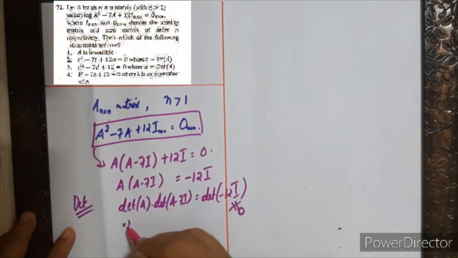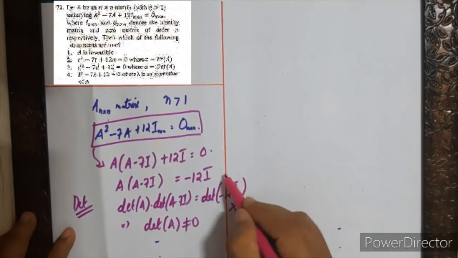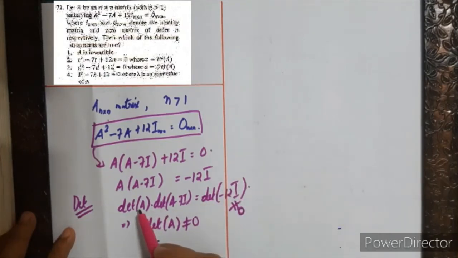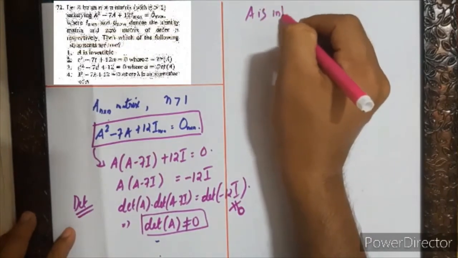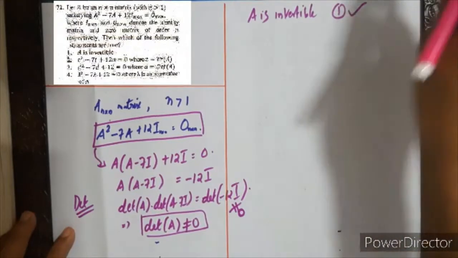So determinant of A cannot be equal to 0, because the right hand side is not 0, therefore neither of these factors is 0. So if determinant of A is not 0, A is invertible. So option 1 is correct.